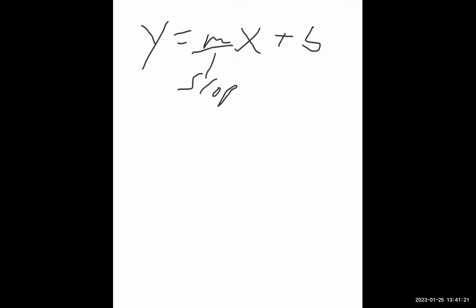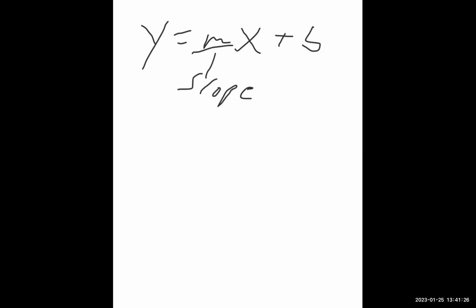I'm going to show you something here. This is not required knowledge for this course, but I want to give you a general idea of what's going on. Remember, when you did algebra 1, you learned this: y equals mx plus b, your slope-intercept form. Well, the thing we were interested in is this. That's our slope.